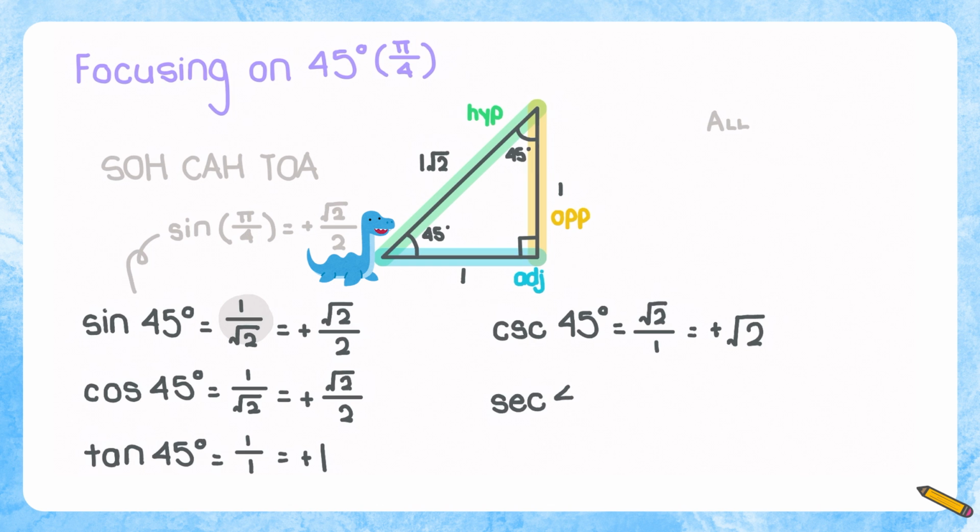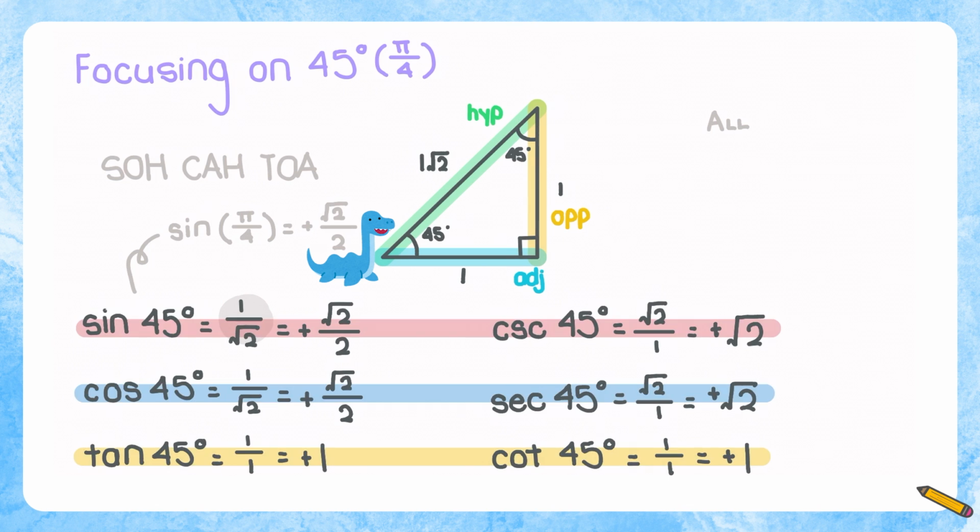And then secant of 45 degrees. Similarly, we take the reciprocal of 1 over radical 2, which is just radical 2 over 1. So positive radical 2. So notice how cosecant of 45 degrees and secant of 45 degrees are equal to each other. And then we have one more trig value to find. So cotangent of 45 degrees. The reciprocal of 1 is simply 1, but I'll write it out, 1 over 1.